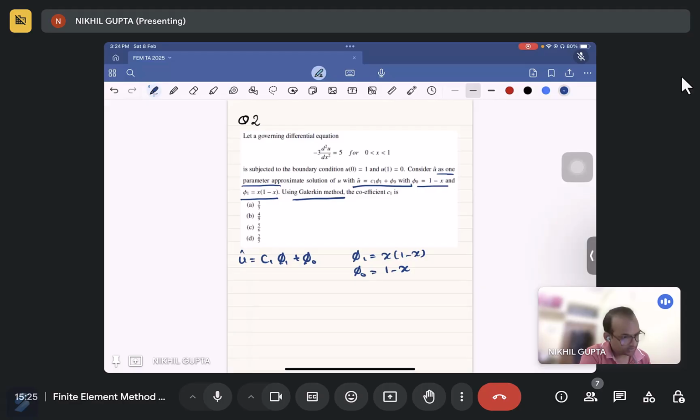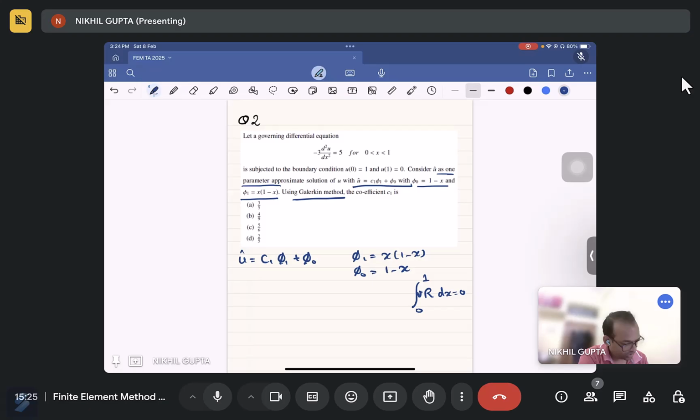So we need to solve the integral of V R dx equal to 0, which means we solve the residual with the weighted function V, integrated from 0 to 1. Ultimately, we have to solve this to get the coefficient C1 for this weighted function.